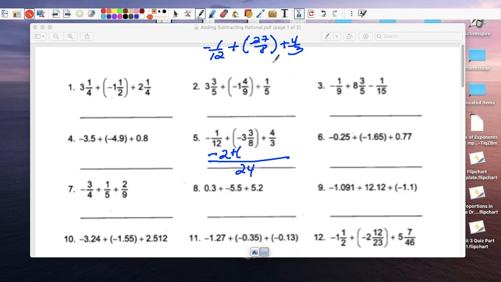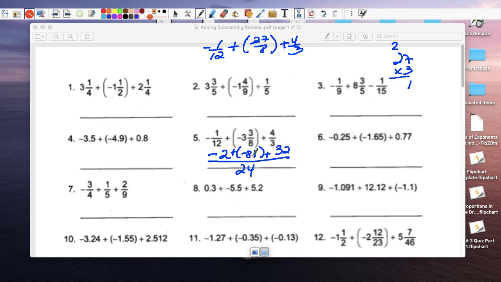Plus, and 8 times 3, so 27 times 3 is 81, negative 81, plus, and then 3 to become 24 is times 8, so I'm going to multiply times 8 on the top, so that's 32. So it's negative 2 plus negative 81 plus 32.